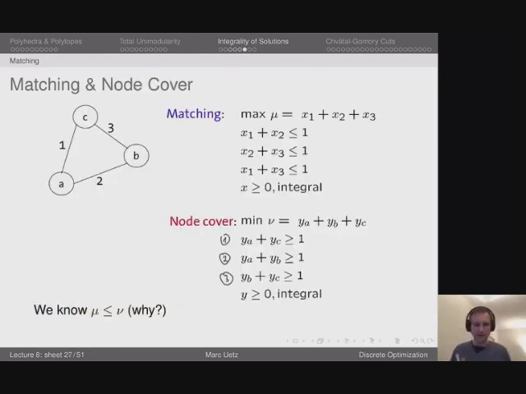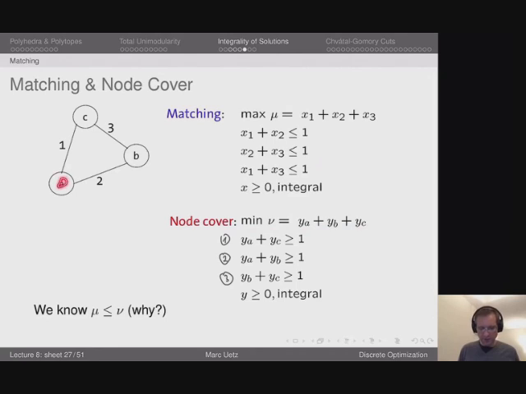And here let's look at the example. Here is a non-bipartite graph, again this little triangle. Here's again the formulation of the matching problem as a linear programming problem, requiring also integrality. So in the matching problem, we select edges of the graph, 1, 2, and 3, to maximize the number of edges such that for each of the vertices, at most one edge is incident with it. In the dual to this problem, we will select vertices of the graph, so nodes of the graph.